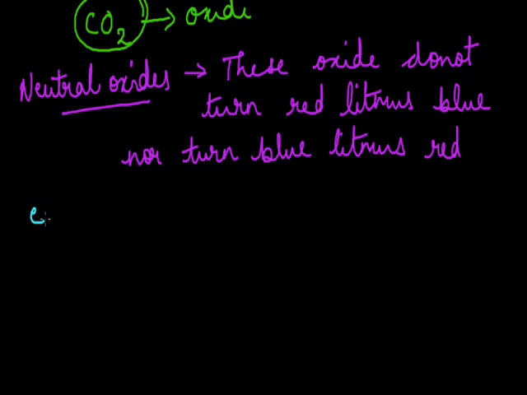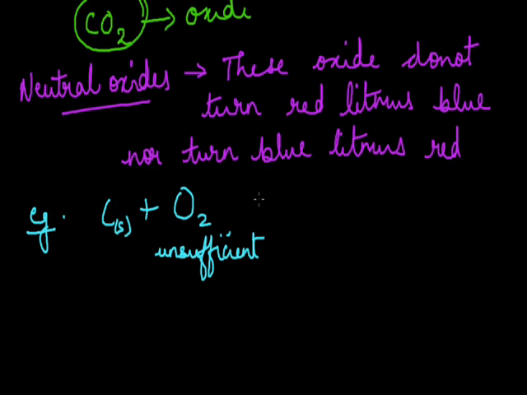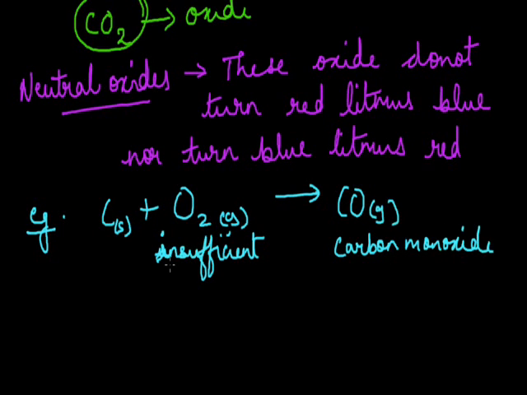For example, when carbon is burnt in oxygen, but the oxygen is insufficient, then it forms carbon monoxide. This carbon monoxide is neutral in nature. It does not form acid when dissolved in water, and that is why we can say it is neutral.